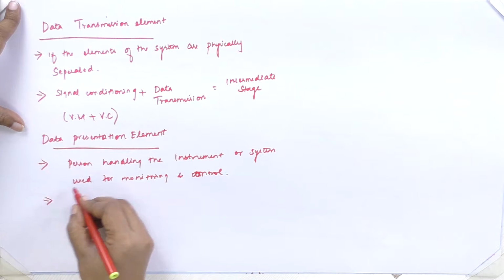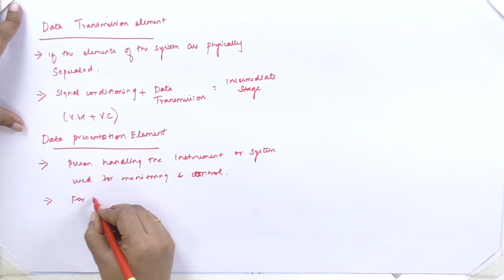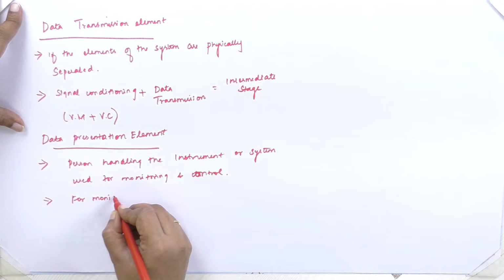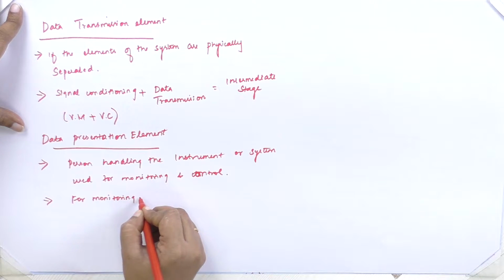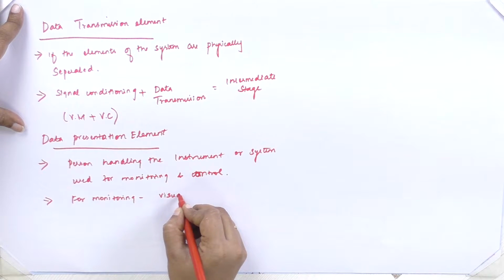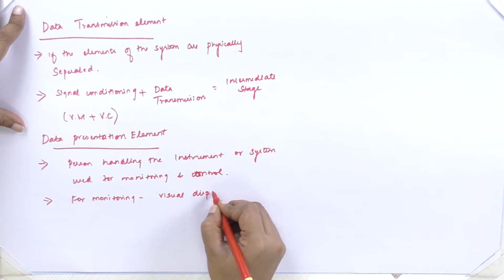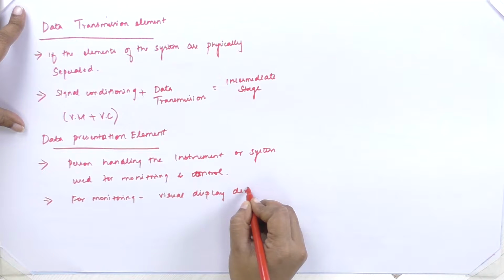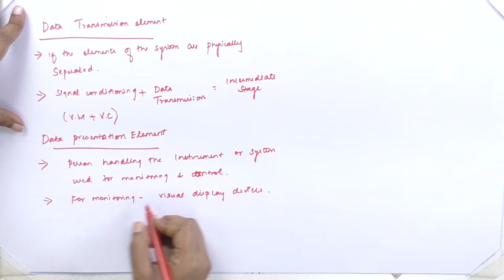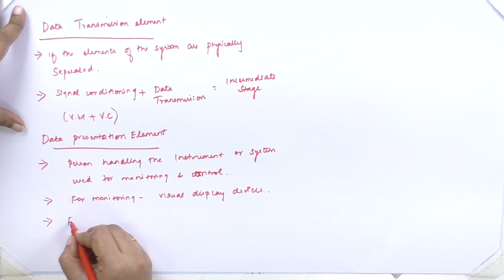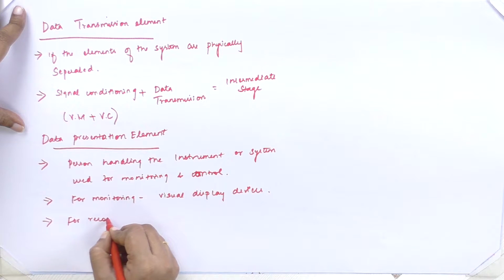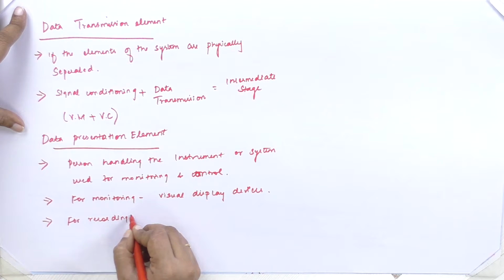If this data presentation element is used for monitoring the quantity which is to be measured, then we can use any visual display devices. So, visual display devices may be used for monitoring, or else we can use them for recording and analysis purpose.